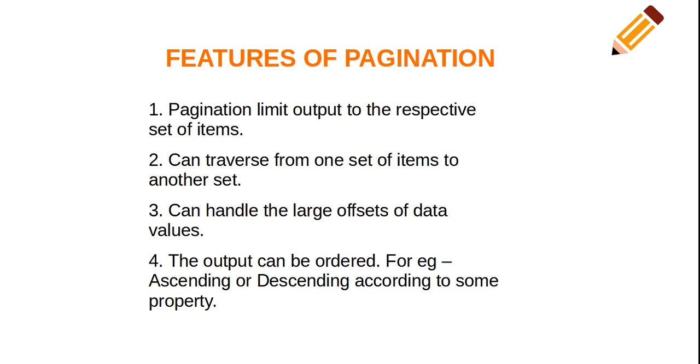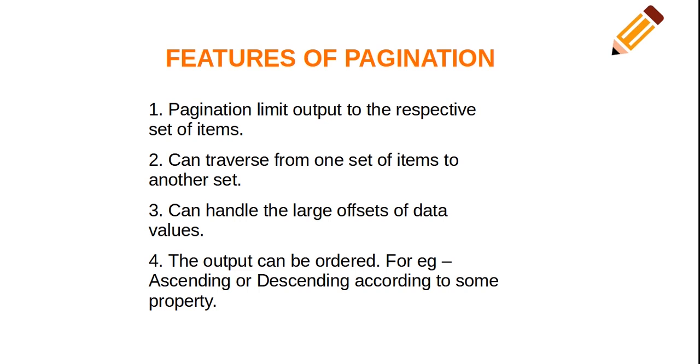We can use buttons like next and previous to navigate around pages. We will also have the number of the current page, which we can also use to navigate around the pages.